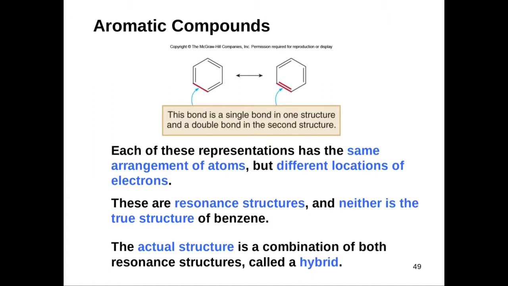Now, these are what we call resonance structures. In this case, neither of them is actually the true structure of benzene, which is kind of a weird concept. If this isn't the correct structure of benzene and this isn't the correct structure of benzene, what is the actual correct structure? The reality is the actual structure of benzene is a hybrid. It's both at the same exact time.